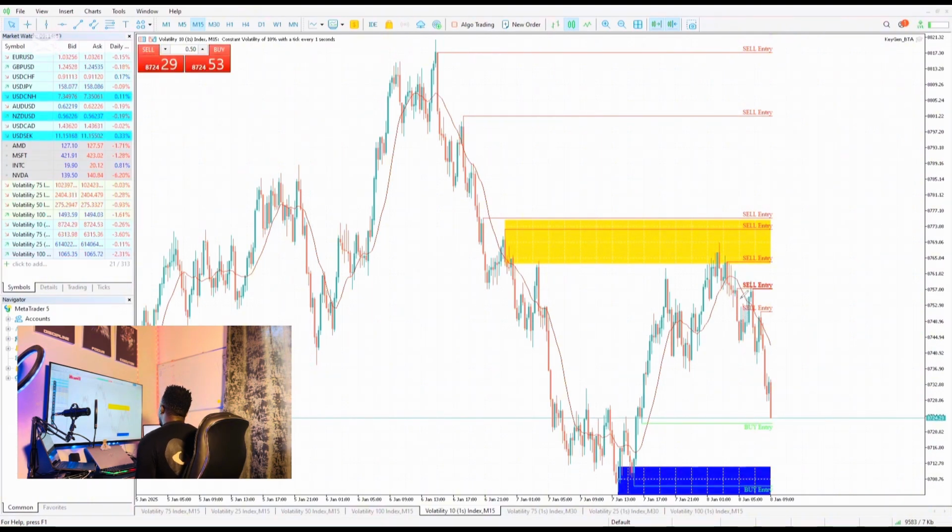Pushed all the way down, gave you another sell entry, retraced, pushed up, gave you another sell entry, pushed down, retraced, gave you another sell entry, and we are currently at this point, and this is V10 1s, and I'm just simply following the indicator. There's not much that I'm doing right here, right?